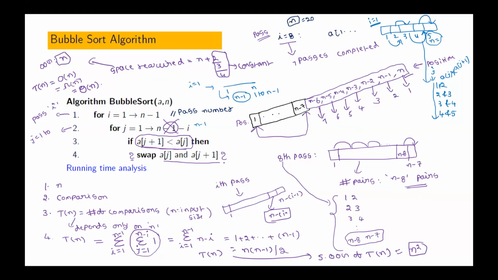When j equals 2, a of 2 and a of 3. When j equals 3, a of 3 and a of 4. When j equals 4, a of 4 and a of 5. Over. Is it clear, brother? Yes, sir. Okay, I hope you understood this.